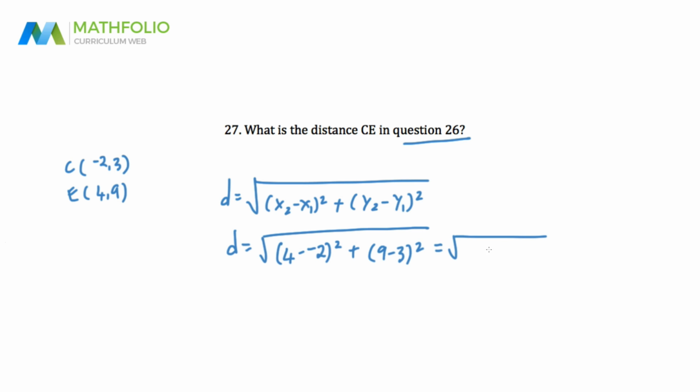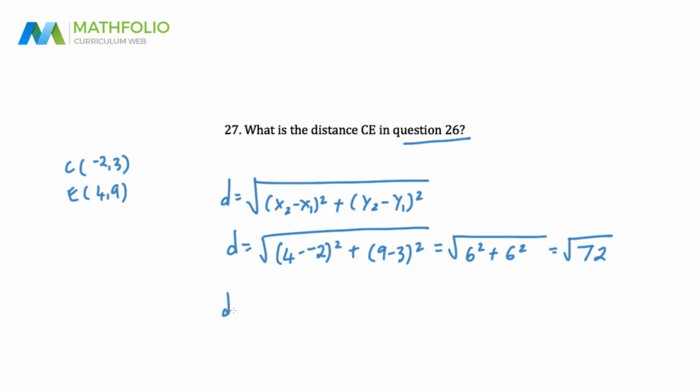So this equals the square root of 4 minus -2 is 6, so that's 6 squared plus another 6 squared. 6 squared is 36, so 36 plus 36 is radical 72.